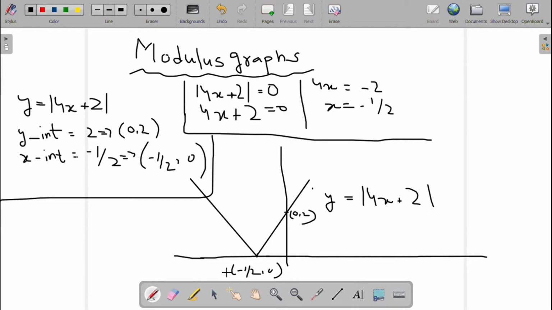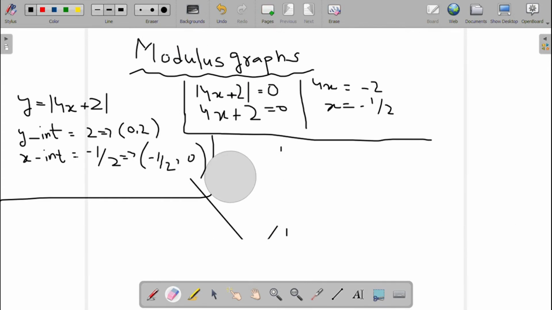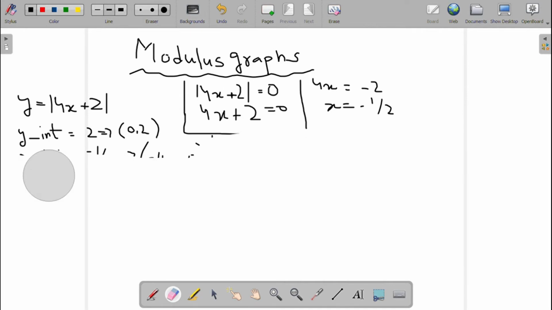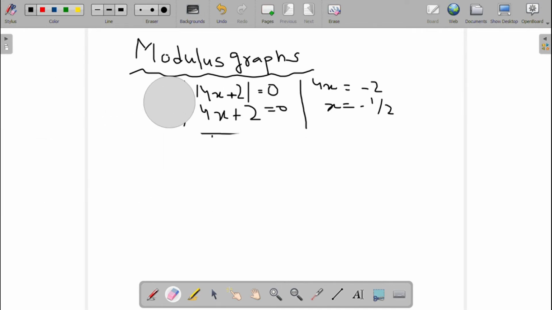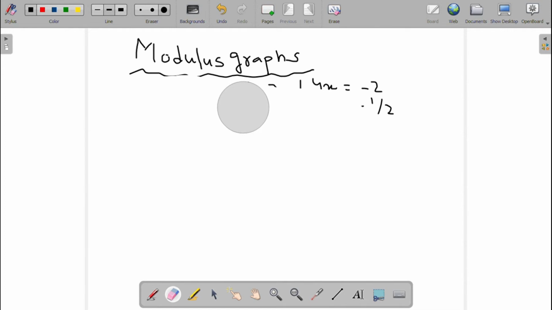Now we'll take a look at another example. Let me just erase everything here. Now what if the negative sign is outside the modulus?